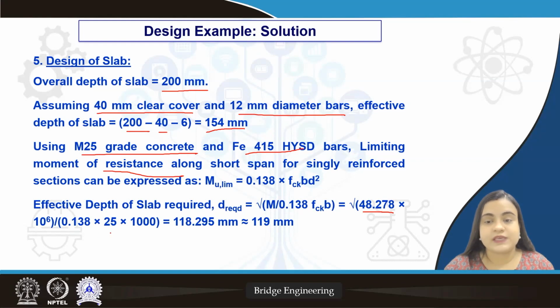And fck for M25 grade concrete is 25 MPa and b is taken to be unit meter, that is 1000 millimeter. So by calculation we find out that effective depth of the slab required is 119 millimeter.